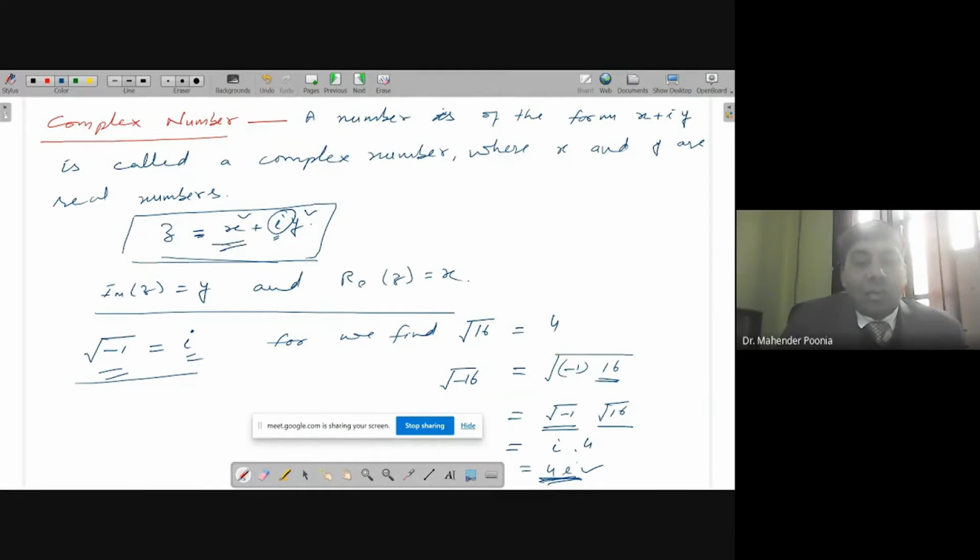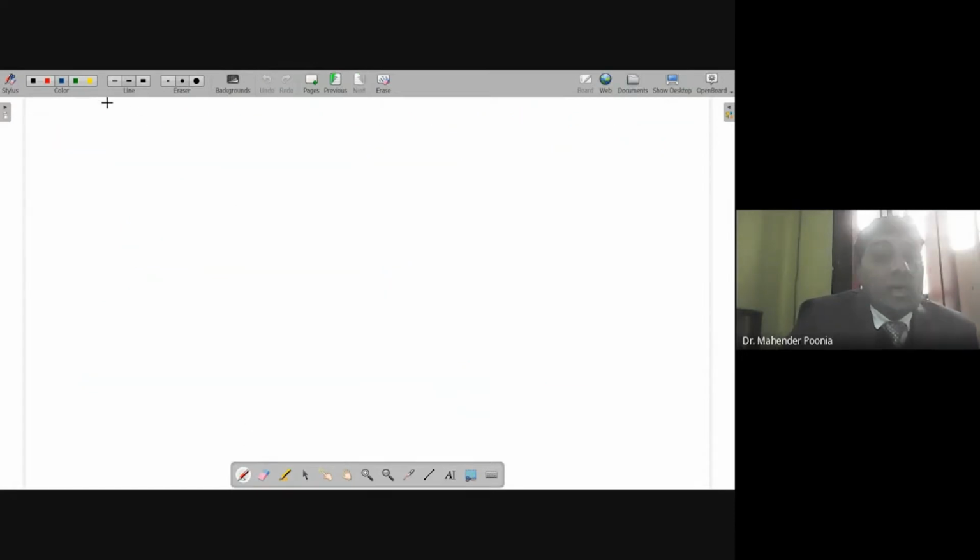In a complex number there are two parts, one is the real part and the other is the imaginary part. The value which is multiplied by iota is called the imaginary part, and x is the real part. So we write imaginary of z is equal to y and real of z is equal to x. Right?